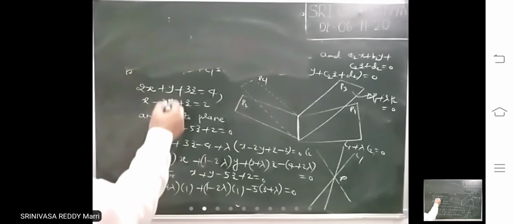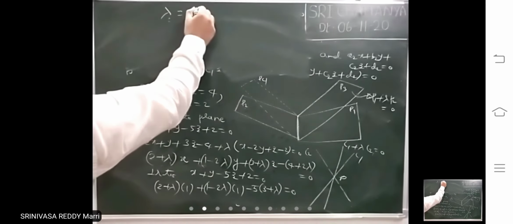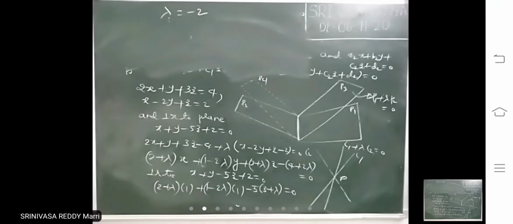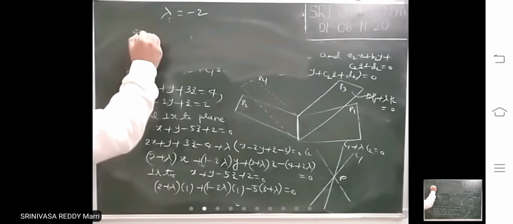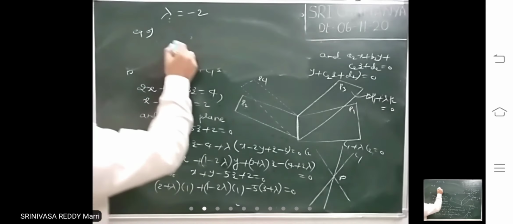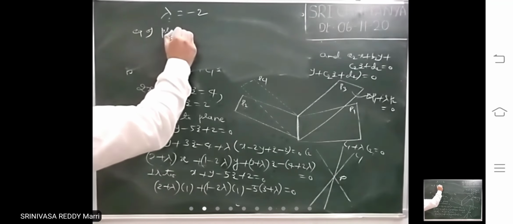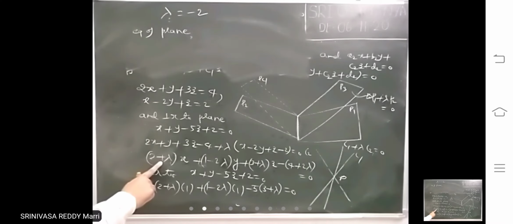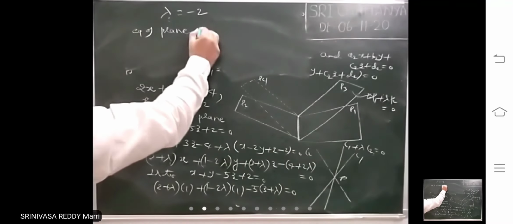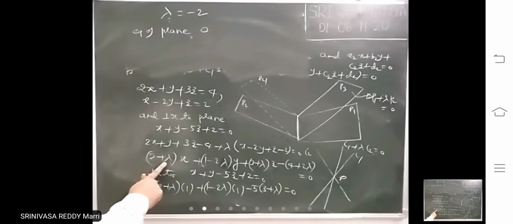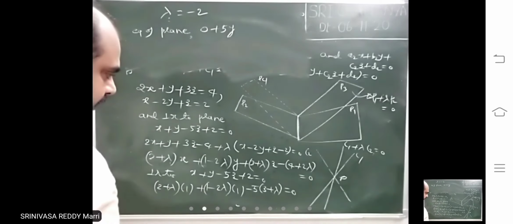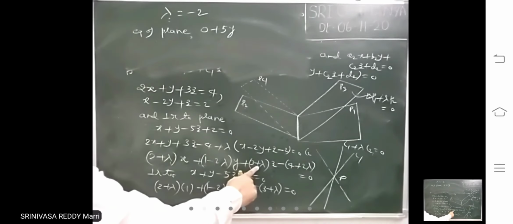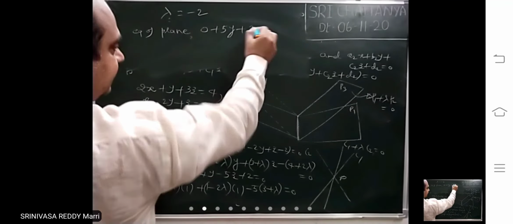You will get lambda equal to minus 2. So what is the equation of the required plane? Substitute lambda equal to minus 2 here. The x term becomes 0, the y term is 5y, and 3 minus 2 is 1, so plus z.